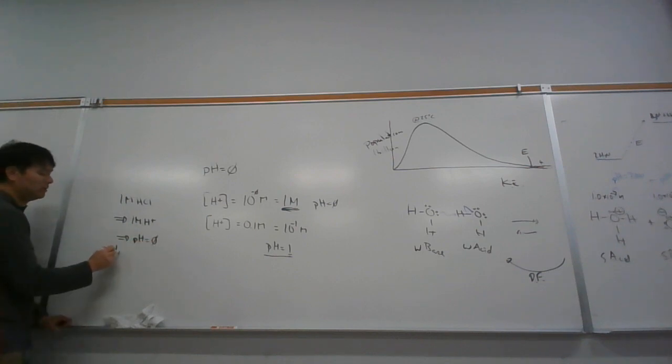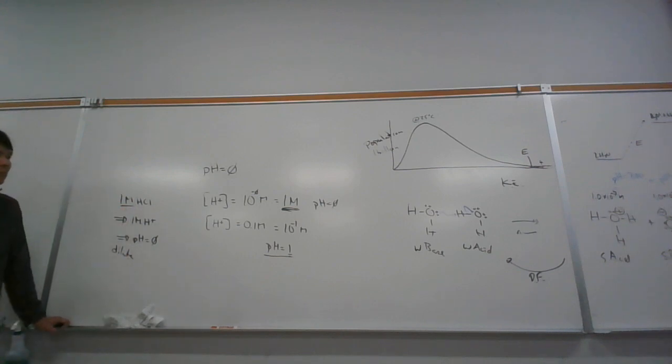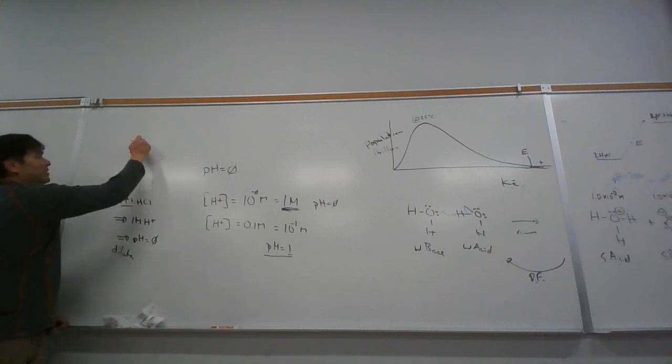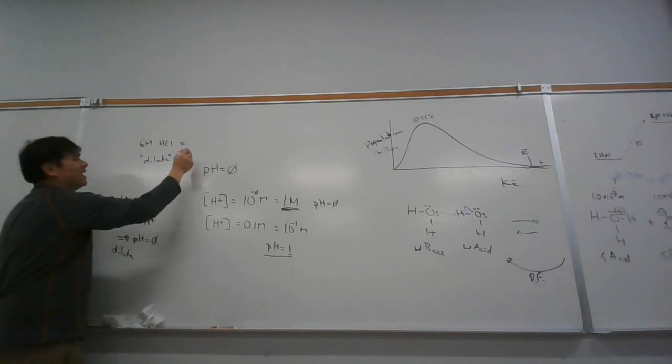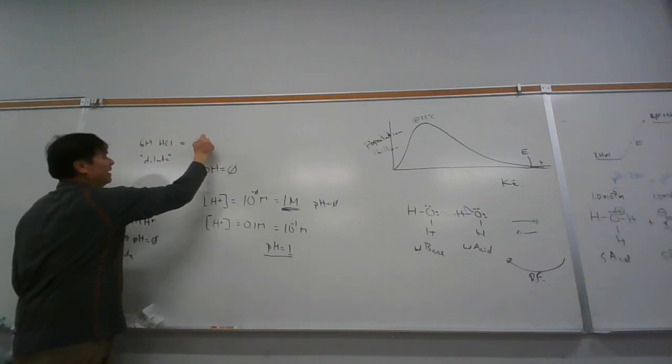This is what we call dilute acid. What's concentrated? Concentrated is like 12 molar HCl. Even if we have 6 molar HCl, 6 molar is still considered dilute.